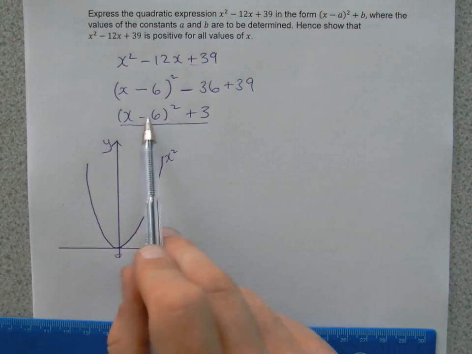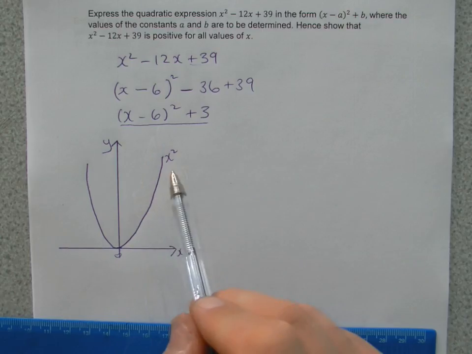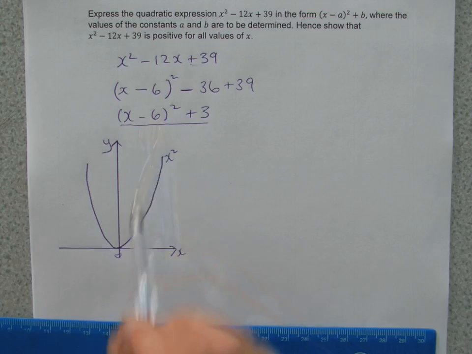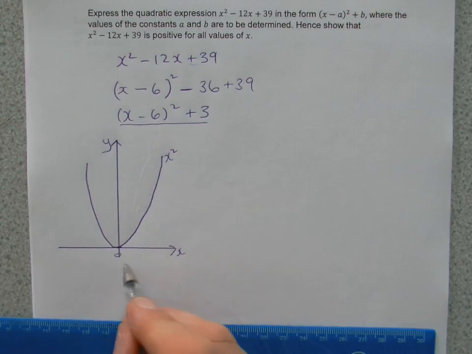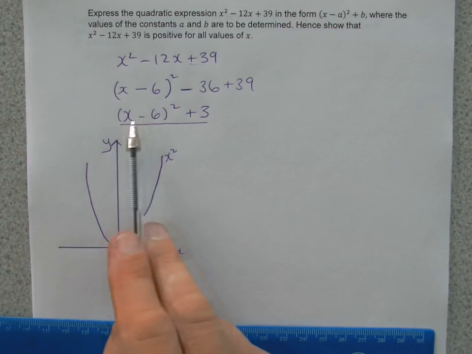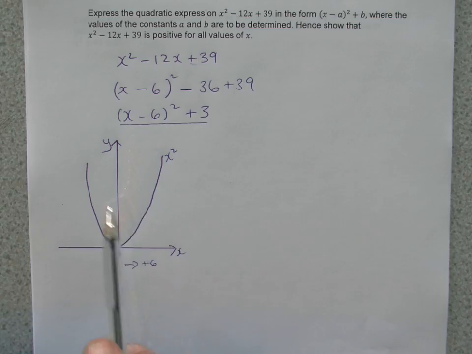So in the bracket you do the opposite. Because it's minus 6, the opposite of that is adding 6. So in terms of how it affects x, you're going to be shifting 6 in the positive direction. This is affecting x because it's in the bracket, and you do the opposite of minus 6, so you go positive 6.